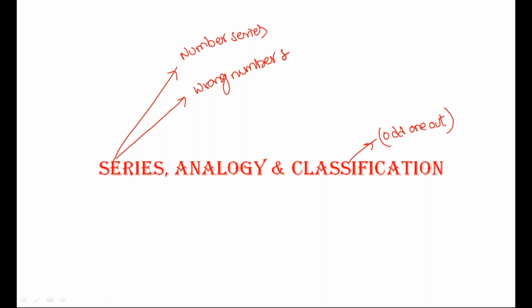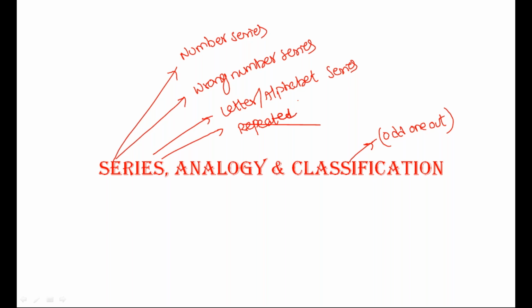In series completion, what we have to discuss is number series, wrong number series, and letter series or alphabet series, followed by repeated or continuous pattern series.